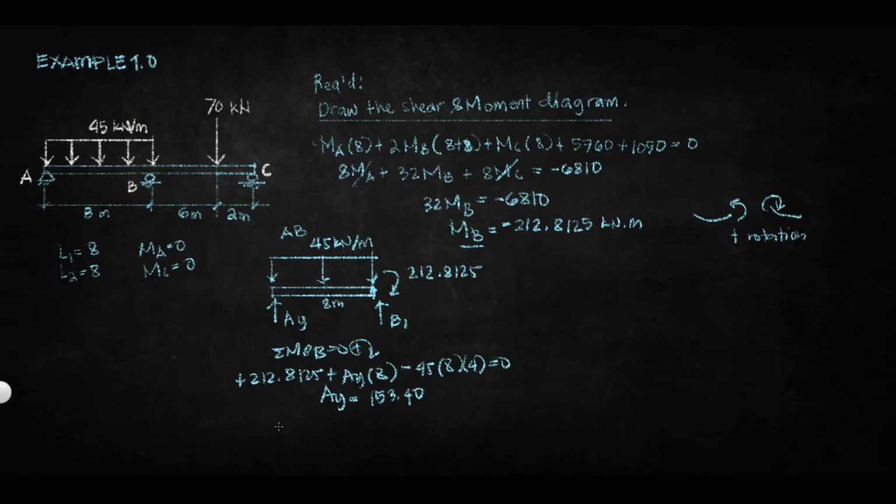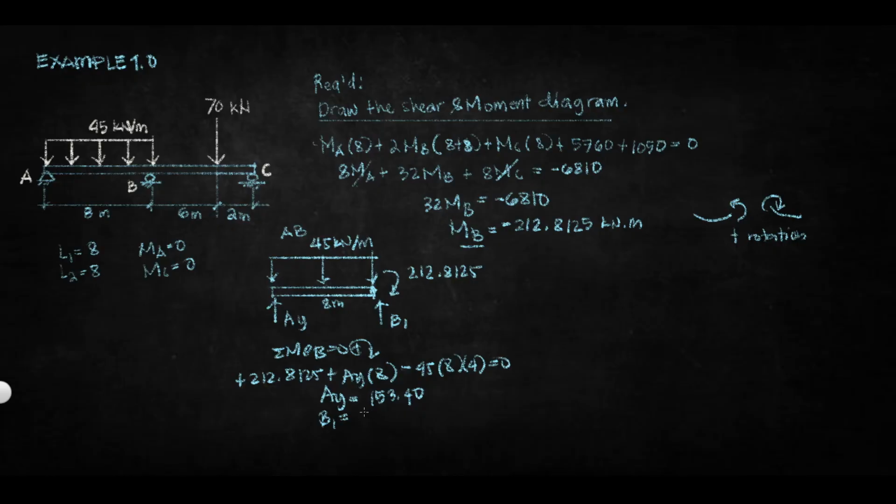Summation moment at A naman tayo to get B1. Okay, so i-direct calculate na natin, no? Pwede naman. So what will be your B1? And pag in-add ko, dapat equal sa resultant force ng 45 times 8. Okay, to check.